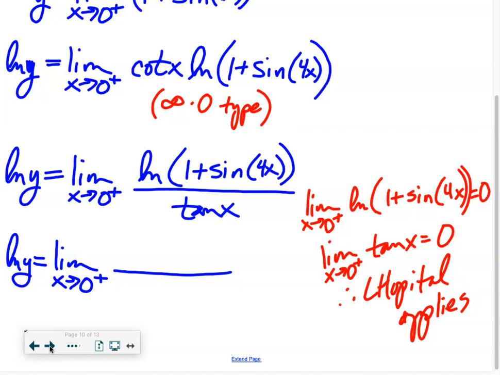It's secant. Yeah, it's secant. Oh, it's 4 cosine 4x.